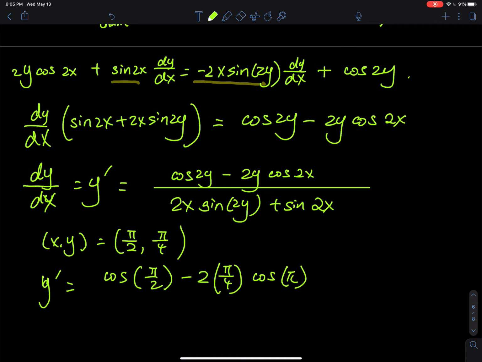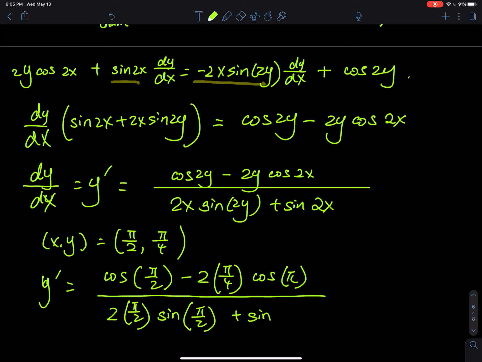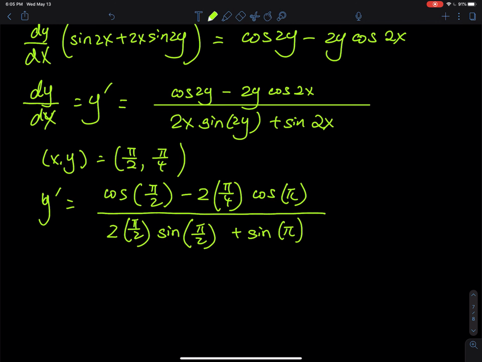And then divided by 2 times x, times sine of 2 times y, and then plus sine of 2 times pi over 2, which is just pi. So we have pi over 2, pi, and pi, right? At pi over 2 on the unit circle, the coordinate is (0, 1). At pi, the coordinate is (-1, 0), right? So just check the unit circle.